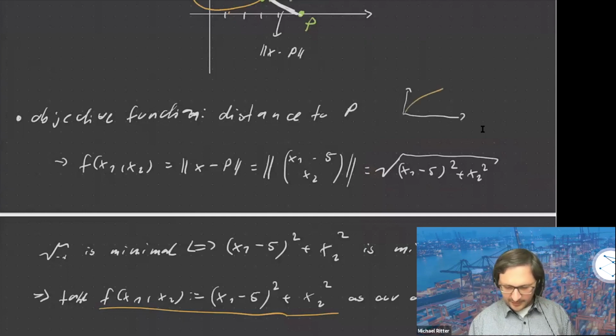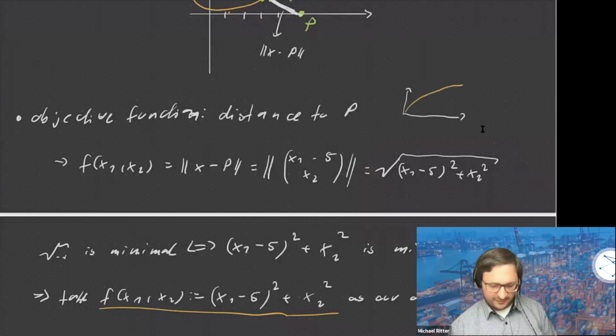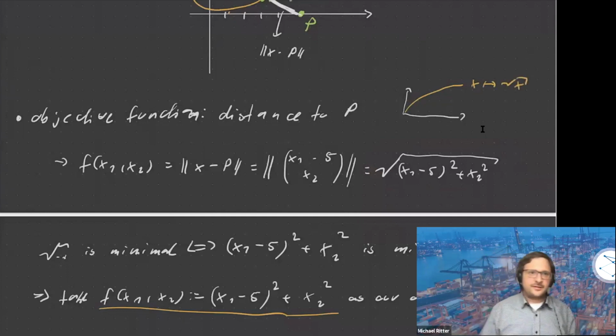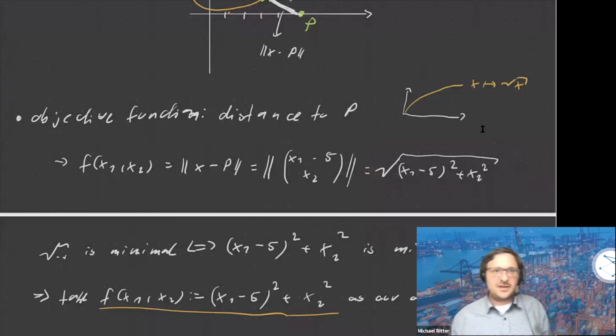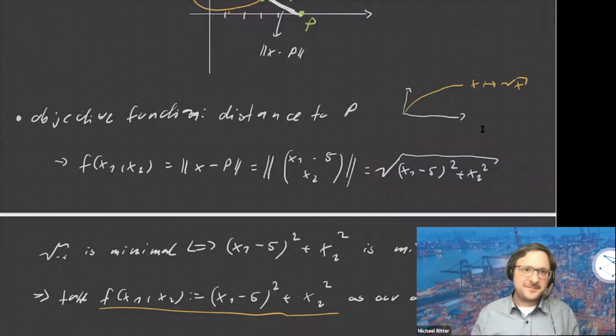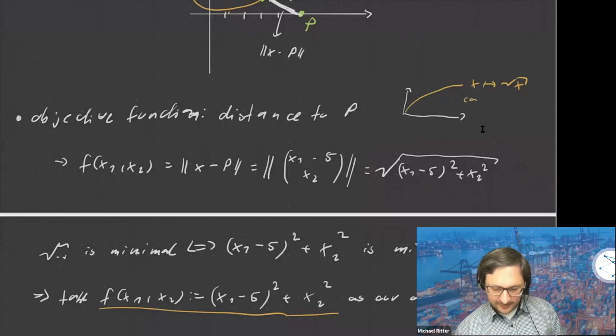X maps to the square root of x. What is important is that it's continuous, so it doesn't do any evil things anywhere, no jumps. And it's increasing. That function is continuous and increasing.